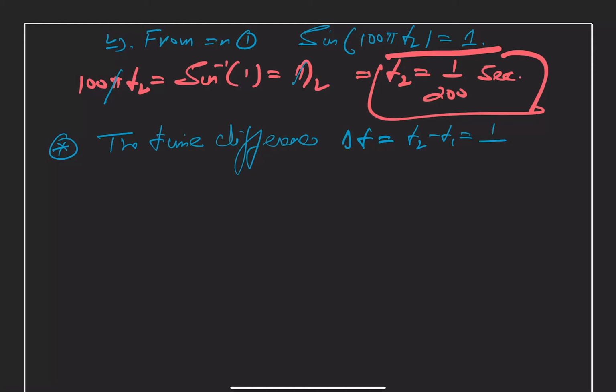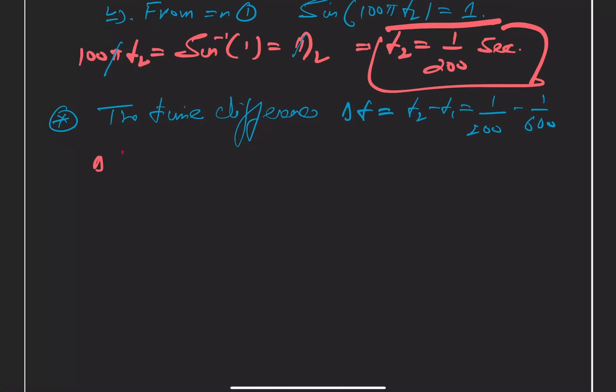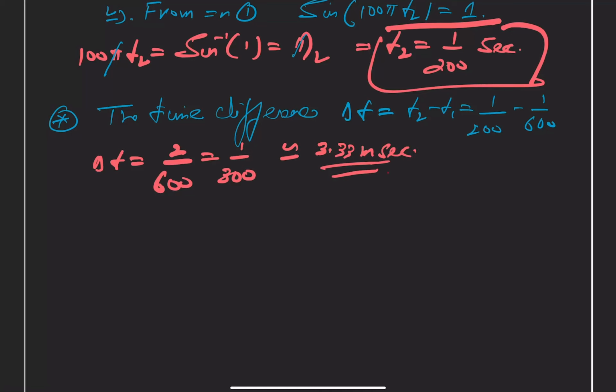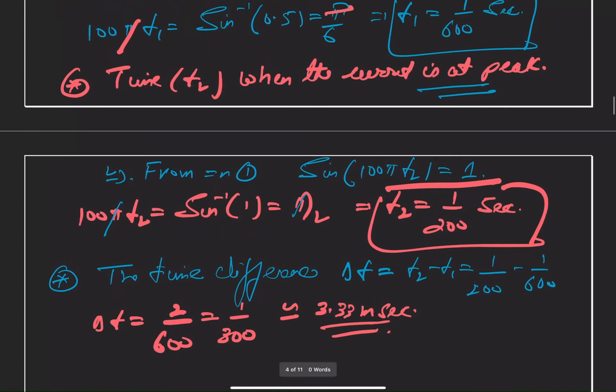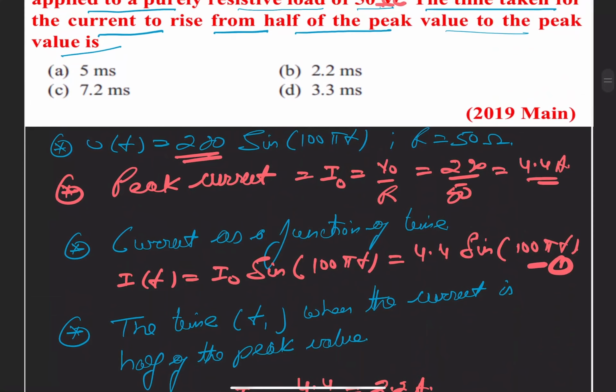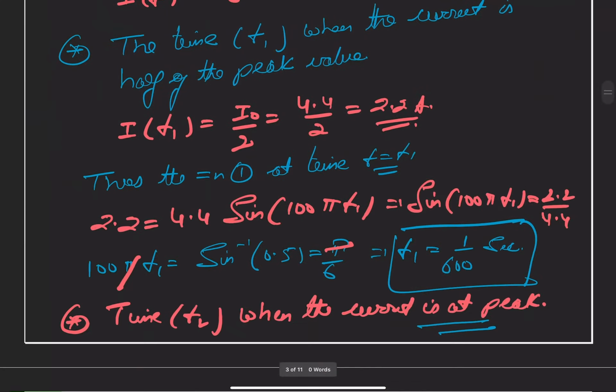This is 1 upon 200 minus 1 upon 600, so delta t will be 2 upon 600, which is 1 upon 300, approximately equal to 3.33 milliseconds. So this is the time taken by the current to rise from half of the peak value to the peak value. So option number D is the correct option.